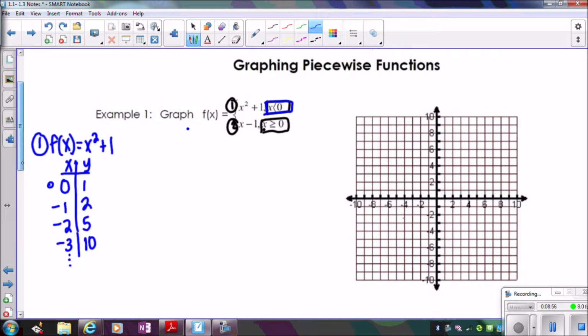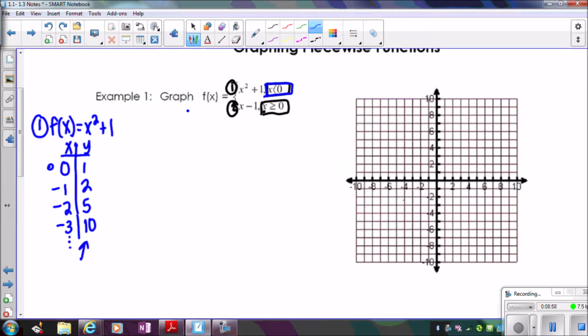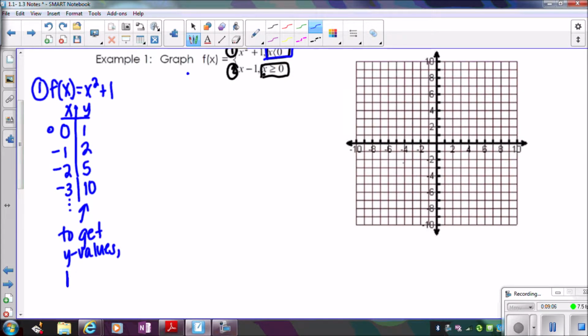So basically, let me just make a note here. To get y values, plug x values into the equation. That's all I did.